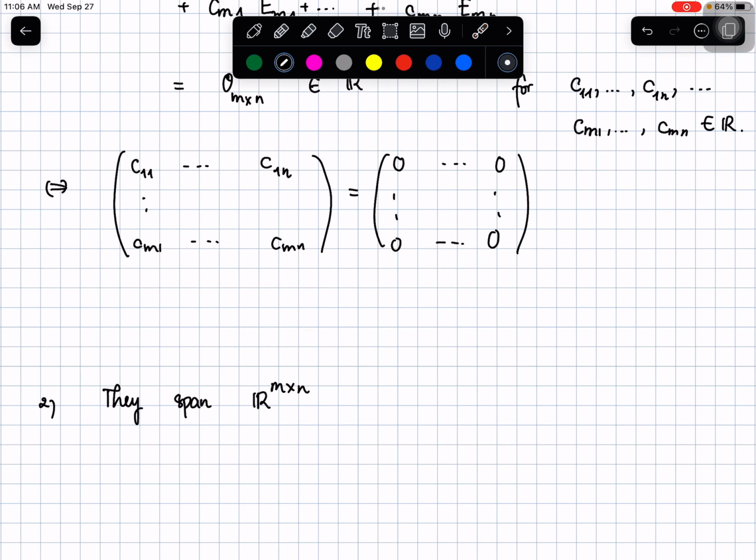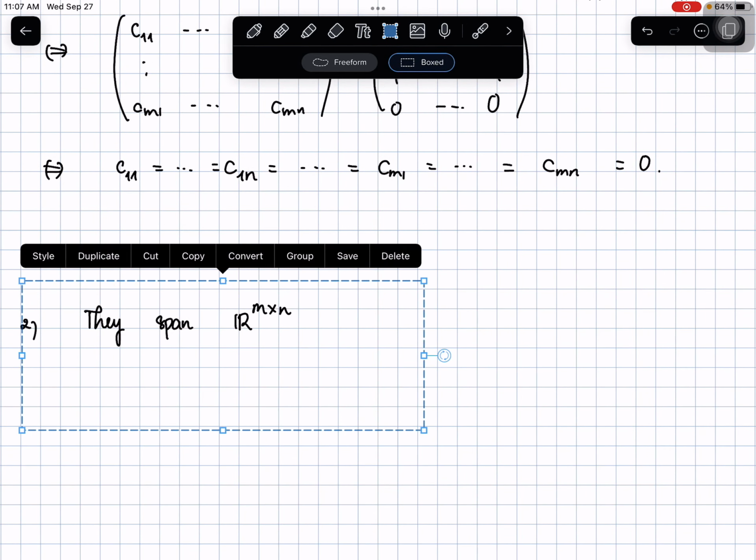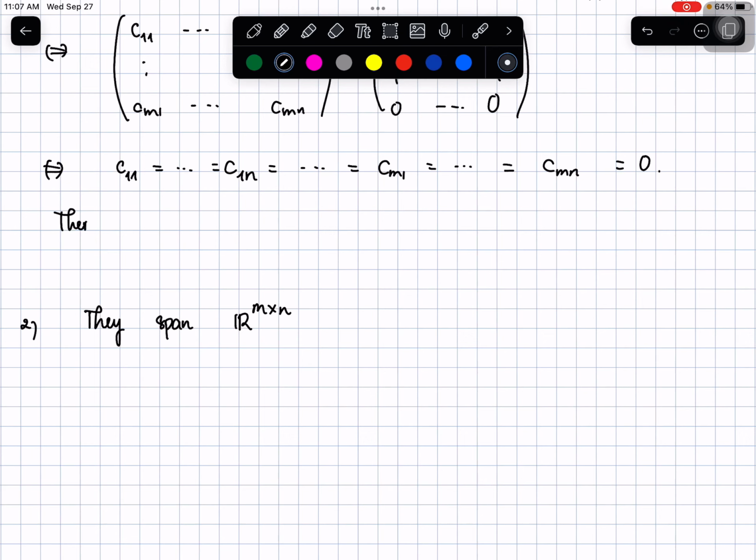So this is equivalent to c11, c1n, cm1, cmn all being 0. This means that the set of matrices Eij is linearly independent.